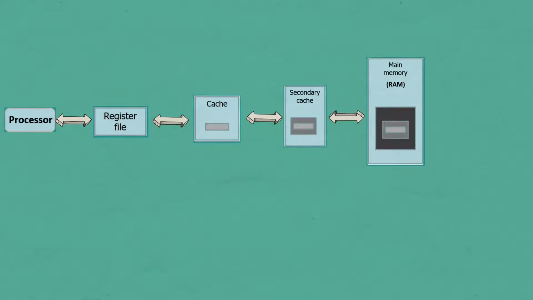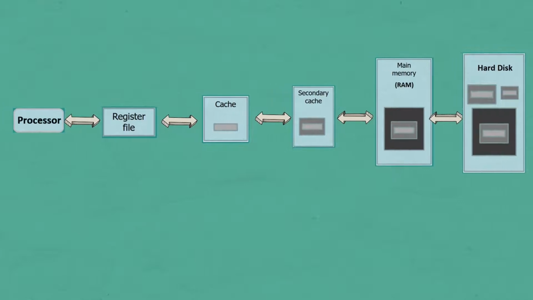Then this L1 can access a larger storage element called L2 cache, which is larger but slower. Then the secondary cache can access the RAM, which is significantly larger but slower than the cache. Then the RAM can access information from the hard disk, which is the slowest.